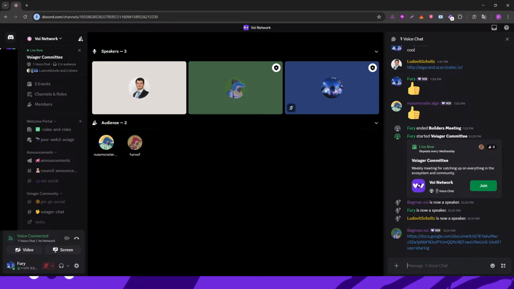Nice. Yeah, looking forward to seeing another DEX deployed on Voi. I think that'll open up more opportunities for folks to arbitrage between both networks, and also across DEXes.